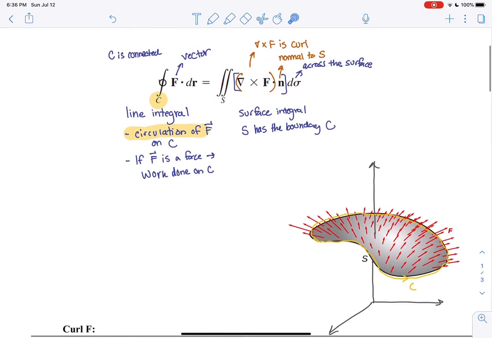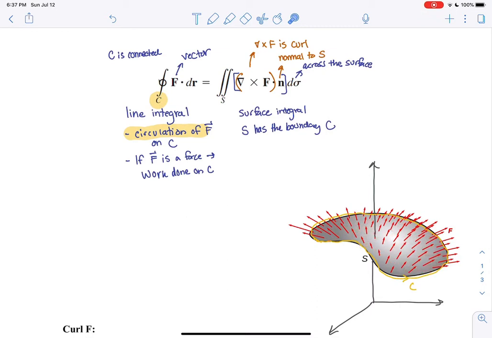The line integral across the boundary of the vector field is equal to the surface integral of the curl of the vector field. That's all that Stokes' theorem is saying. So if you're trying to find the line integral of some curve, sometimes it might be easier to instead evaluate a simpler surface integral across the surface that is enclosed by C.